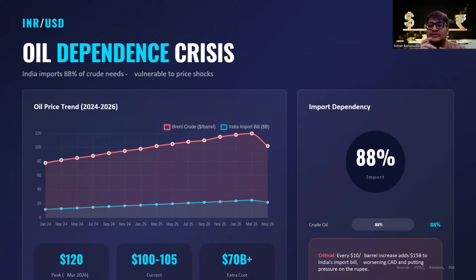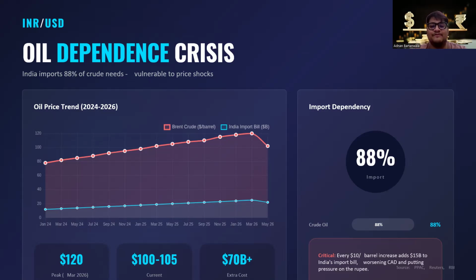Annually, with Brent crude, there's something called Brent crude, you may research about it, which is around 100 to 105 US dollars a barrel. And with the rupee at 96 right now, we are staring at a $70 billion plus oil bill surge, and every $10 jump in crude adds another $15 billion, which is around 1.5 lakh crore rupees flying out of the country just to keep our scooters or bikes or cars running.